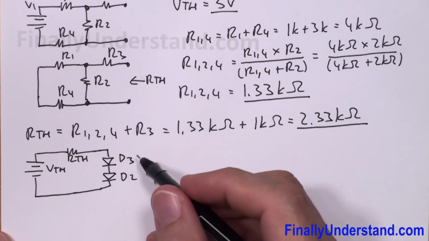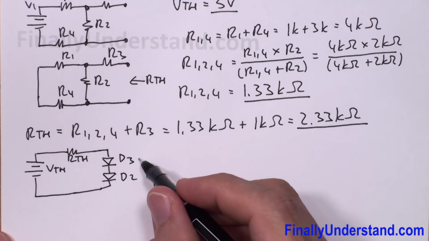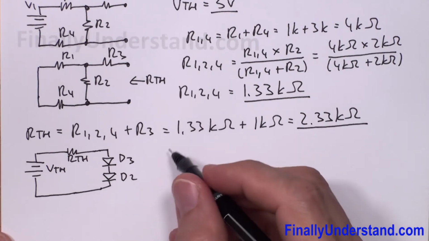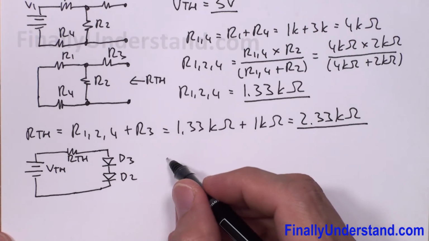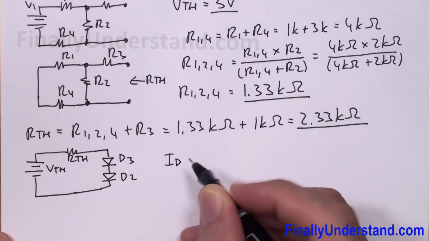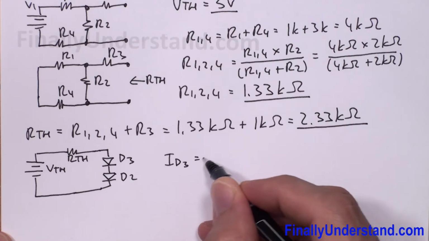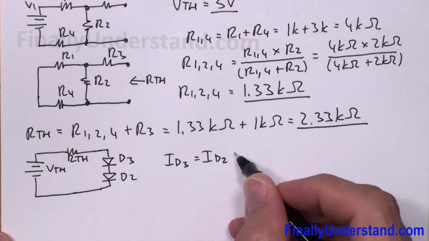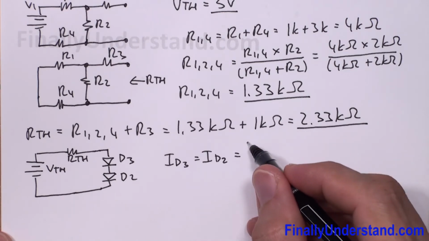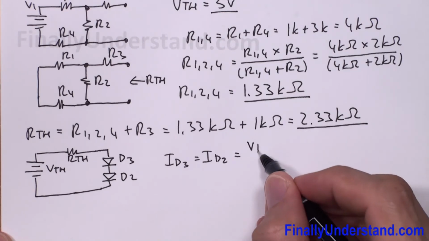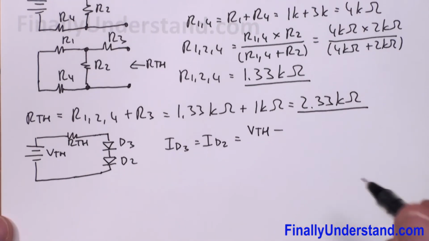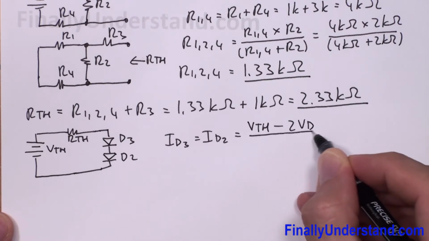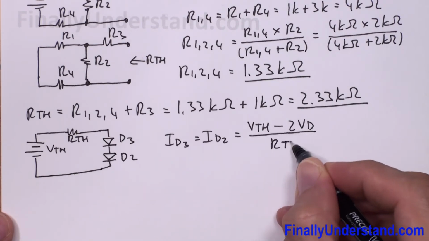Okay, don't forget that they are silicon diodes. So in order to find the current, I'm supposed to simply write that my ID3 is equal to ID2, and this is equal VTH minus 2 times VD over RTH.